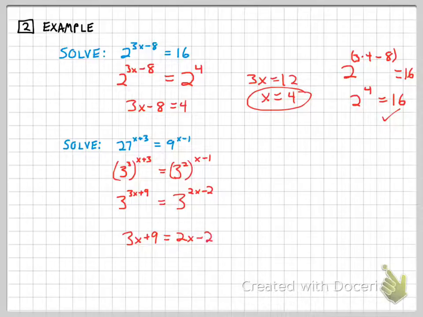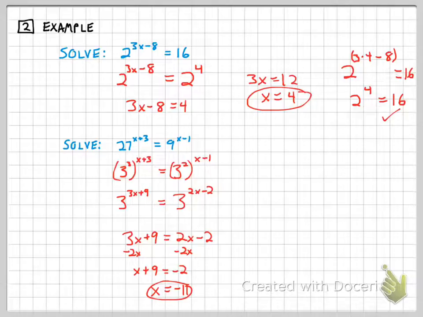And here's my simple expression that I need to solve. 3x plus 9 equals 2x minus 2. Subtract 2x from both sides, and I get x plus 9 equals negative 2. And subtract 9 from both sides, and I get x equals negative 11.